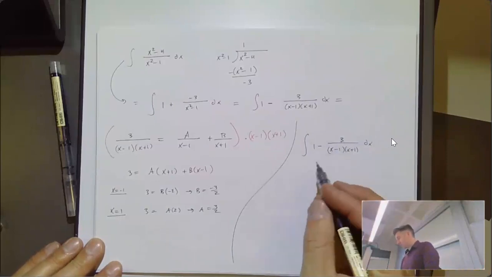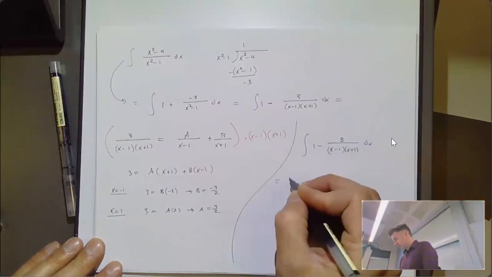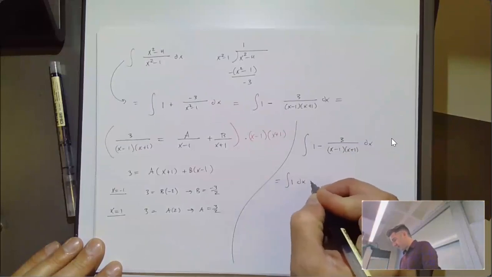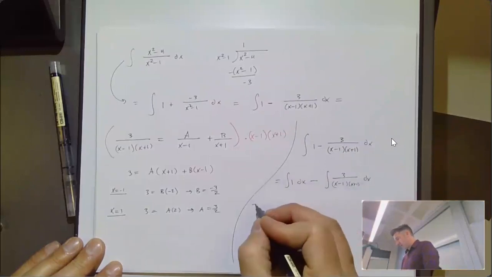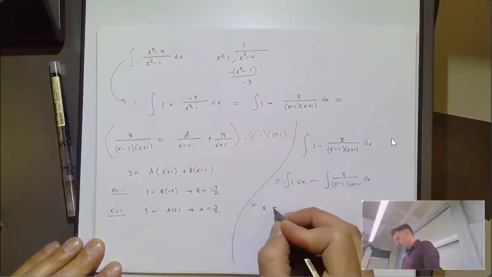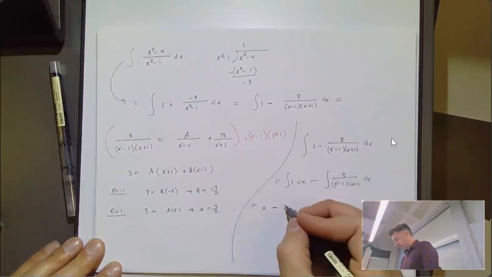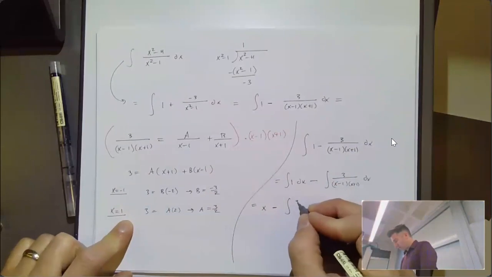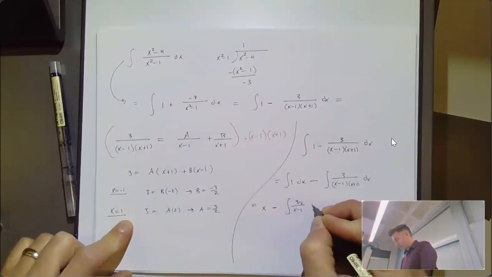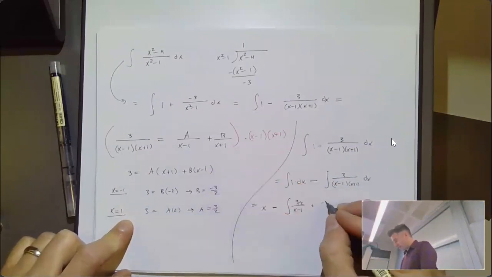I'm going to write this as the integral of 1 dx minus the integral of 3 over (x minus 1) times (x plus 1). That's going to be x minus the integral of A, so 3/2 over (x minus 1), plus B, which is -3/2 over (x plus 1).